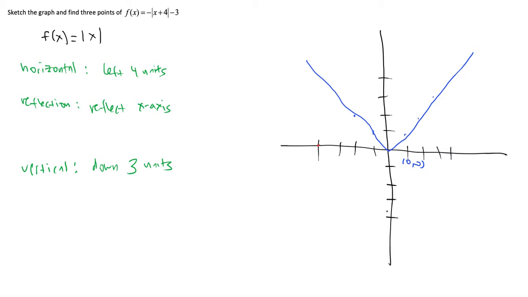And then what is the last thing that we have to do here? We have to go down 3 units. So we're going to go 1, 2, 3, go down. So essentially this point, 0, 0, has transformed into this point right here, right? That'll be negative 4, comma, negative 3. Now we know the basic shape is a V, but since we reflected this across the x-axis, we should look a little something like this, right? And we should.